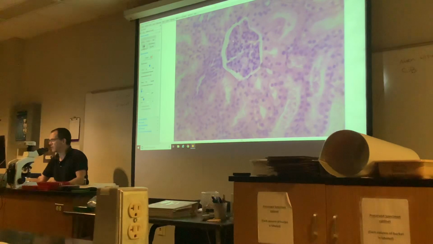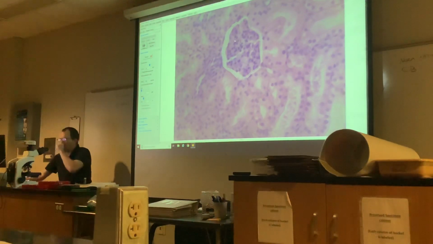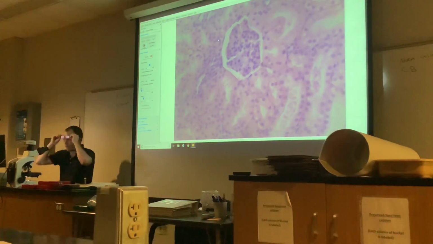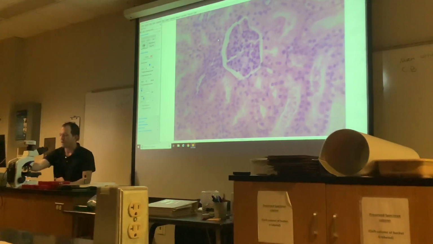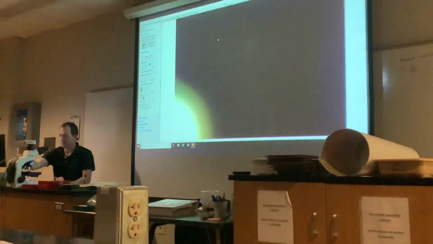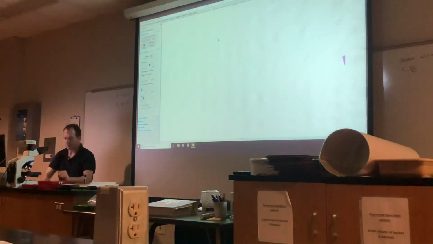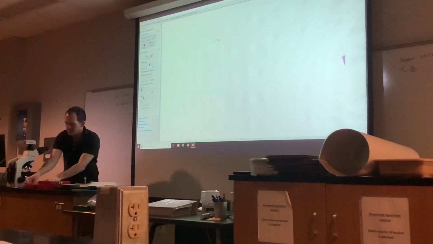And then there's a bunch of cells glommed on there called podocytes. But there's a space between this stuff and this stuff in the kidney, which is going to be a dead giveaway to tell that it's not the pancreas, right?